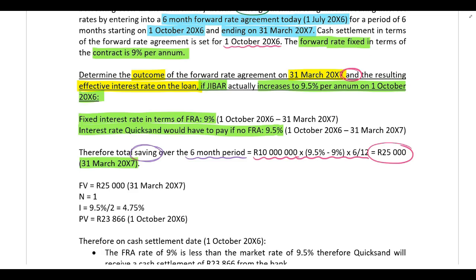We know that our future value at the end of March 20x7 is 25,000, and we are trying to work out our present value. N is 1, guys. We have 1 compounding period.